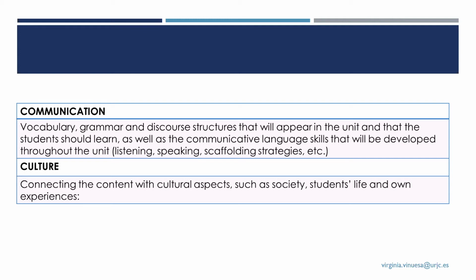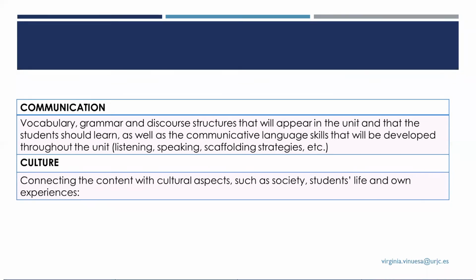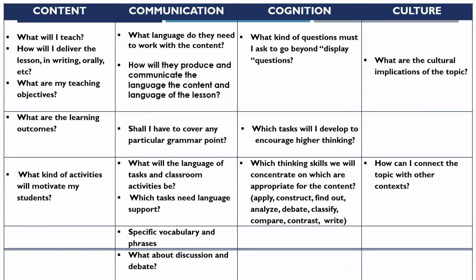CLIL context. We are going to have a look now at the kind of questions you have to ask yourself before planning the unit. For example, as for the content, first of all, you have to think about, what am I going to teach? How am I going to do it? Do I want my students to write something?